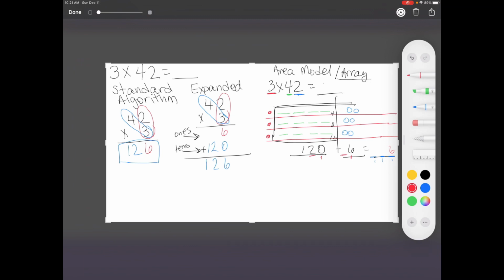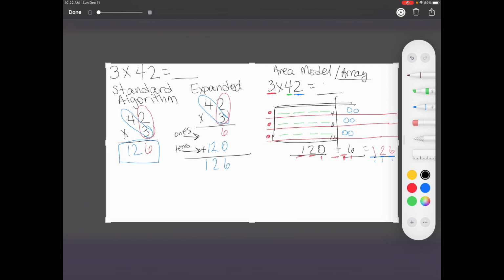And then look at your tens place, and then here I have nothing, but it would be a 0 because if you put zeros in front of a number, it doesn't change the value. So it would be 2 plus 0, 2, and then nothing in the hundreds place, 1.